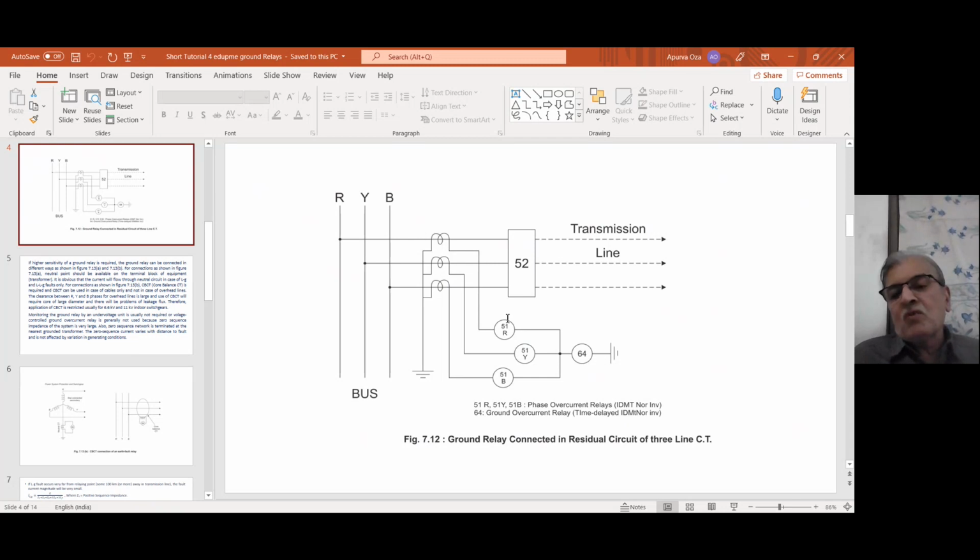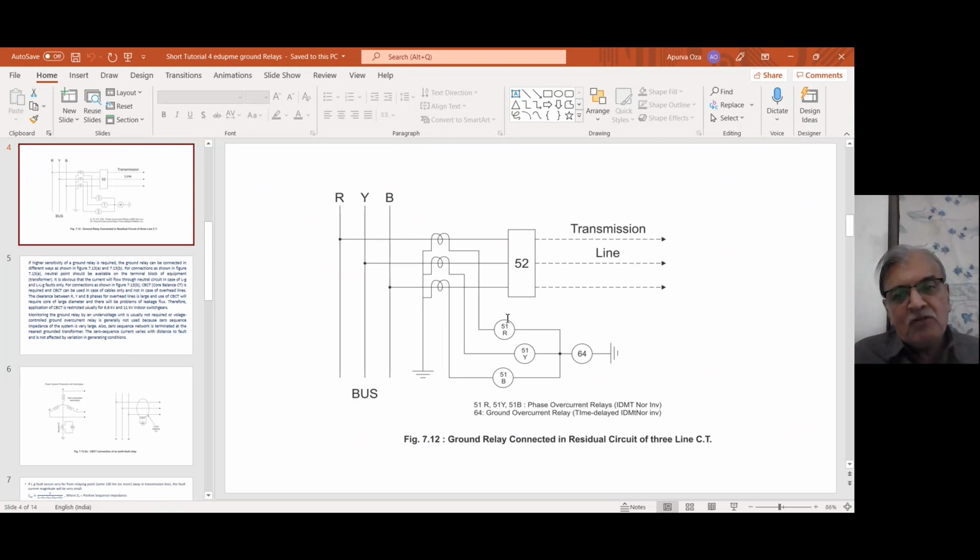If there is a line to ground fault, B to G fault, then that B phase fault current will come to the secondary, and that secondary current has to feed the excitation current of all the 3-line CTs because they are parallel now. Then the remnant current will pass through 64.